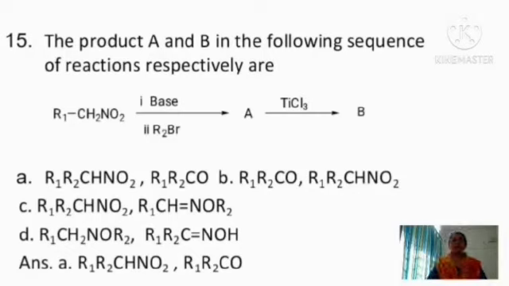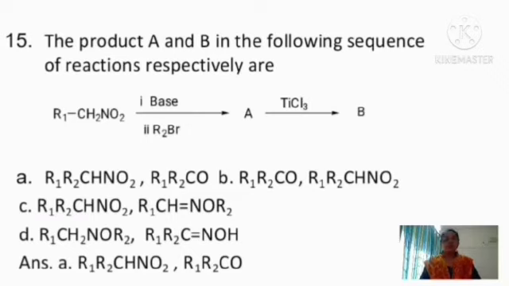To the last question: the products A and B in the following sequence of reactions respectively are. R1CH2NO2, first treatment with base and second with R2Br, gives a compound A. Then on treatment with titanium trichloride, that is TiCl3, gives a compound B. So what are A and B?